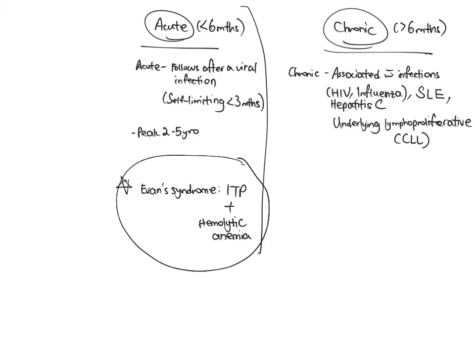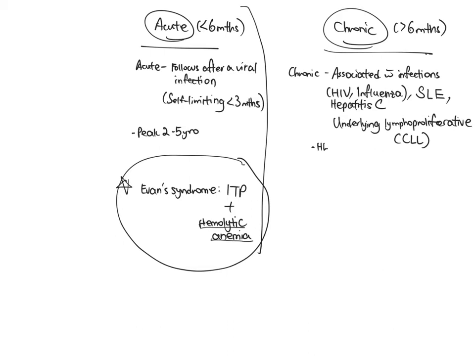So it's important to bear in mind when you see patients presenting with hemolytic anemia, and I'll cover that in a separate video. I also want to mention that there are other conditions that are associated with chronic ITP, such as Hodgkin's lymphoma or Hodgkin's disease.